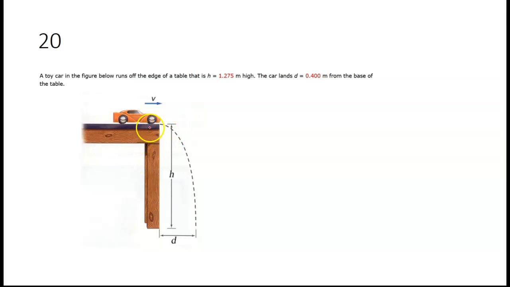This is another basic horizontal launch problem. We know how high the table is, and we know how far the car goes before it hits the ground. The basic setup is still the same. We know that Vy initial is going to be 0.